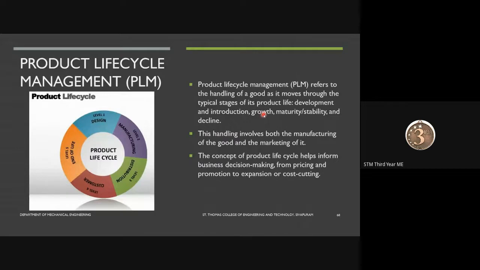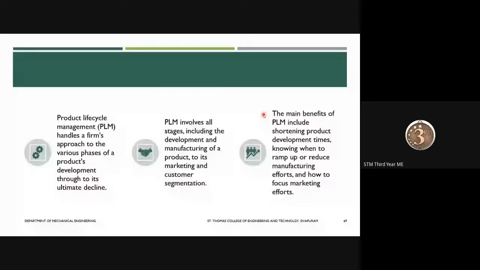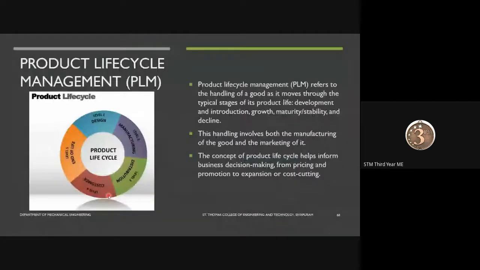That is the function of product lifecycle management. Some important points to be kept in mind are: product lifecycle management handles a firm's approach to various phases of the product's development through its ultimate decline. It has four stages, right? We'll be controlling all four stages.